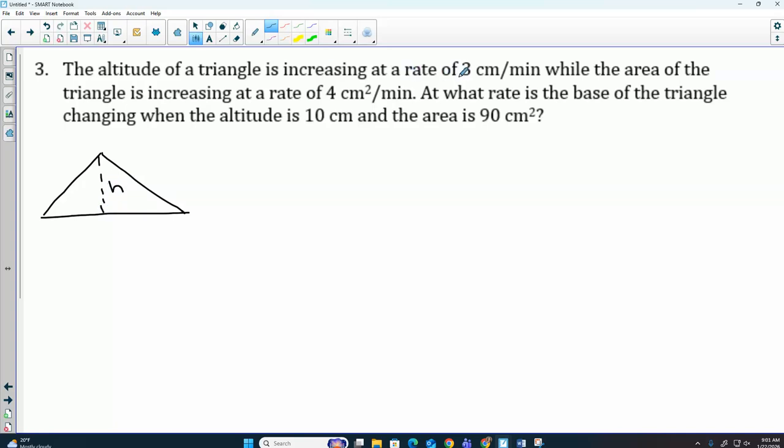If I know how that's changing, that's my dh/dt, or you might have called it a for altitude. Totally fine. It's increasing, so it's a positive 3. The area is increasing 4 square centimeters per minute. At what rate is the base of the triangle changing? So that's the bottom. We want the rate, so I want db/dt.